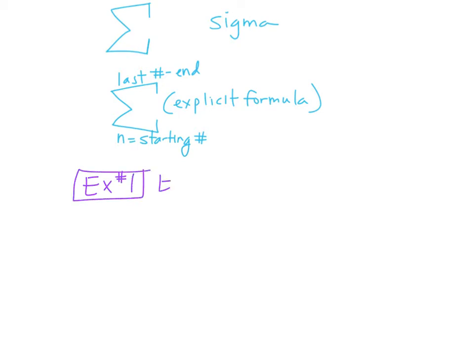So they're going to tell us to evaluate. And let's say it looks like this. So n equals 1 down here, and a 3 up here. And then our explicit formula is 5n plus 1.